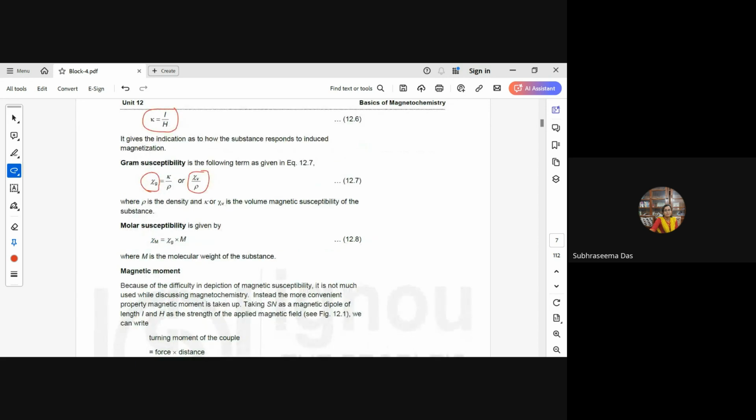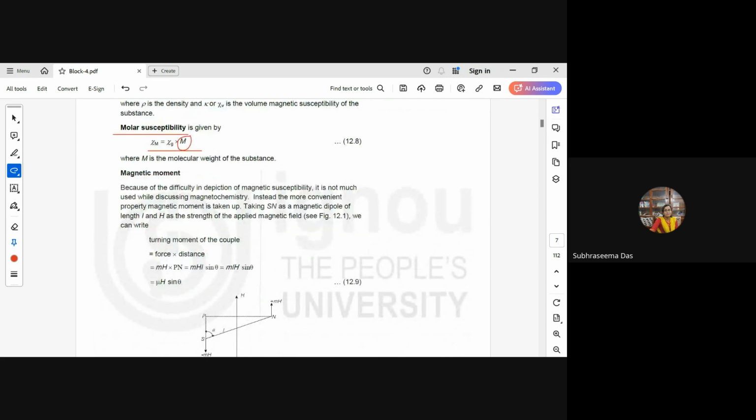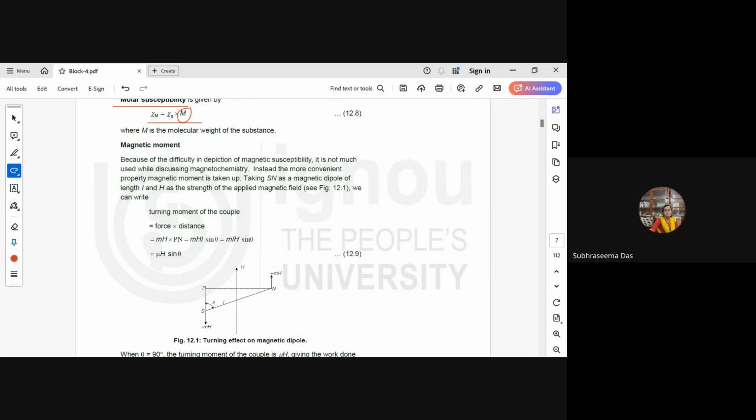Now we can also write chi m is equal to chi g into M. Here M represents the molecular mass of the substance, and when it is multiplied with the gram susceptibility, it results in chi m, which is called the molar susceptibility.